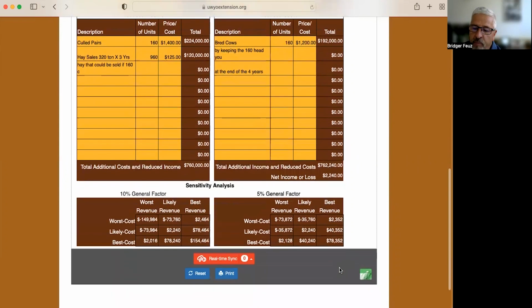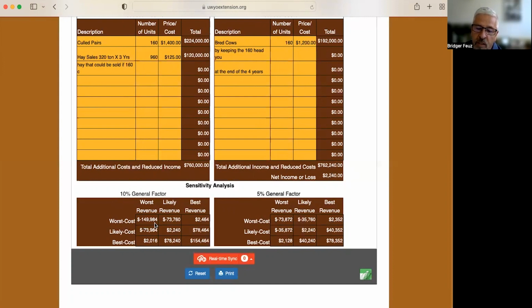The other thing that the partial budget does on this website is calculate a 10% general error factor or a 5% general error factor. So if we look at the 10%, what we're saying is if I underestimated my cost side over here by 10% and I overestimated my revenue side over here by 10%, well, the worst case scenario would be that we would lose 149,000 in this analysis.